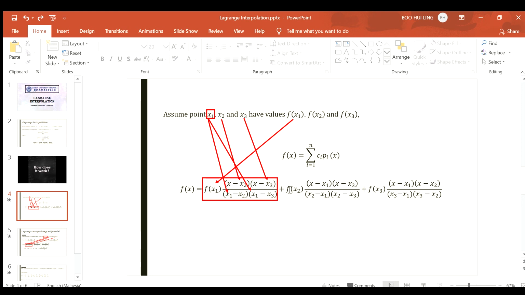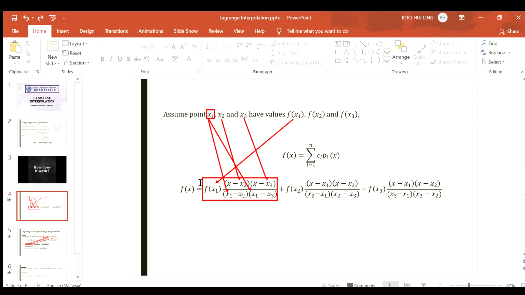We just substitute the value of point x2, which is f(x2), and the upper part is (x minus x1), because in this second part we take the second point, which is x2, and (x minus x3) over (x2 minus x1) multiplied by (x2 minus x3), and plus the third part, which is the value of the third point, f(x3), and the upper part (x minus x1) and (x minus x2) over (x3 minus x1) multiplied by (x3 minus x2).